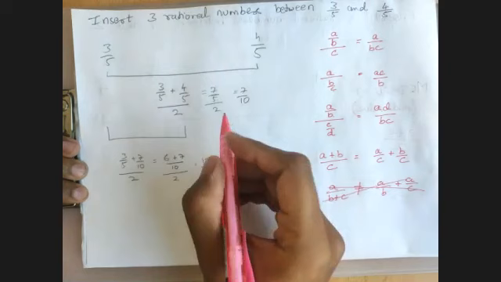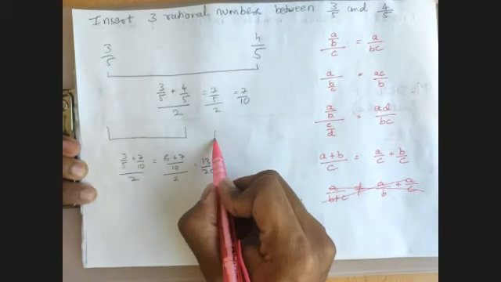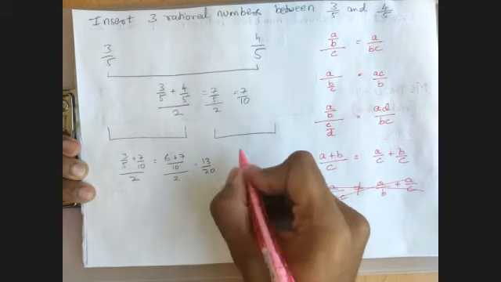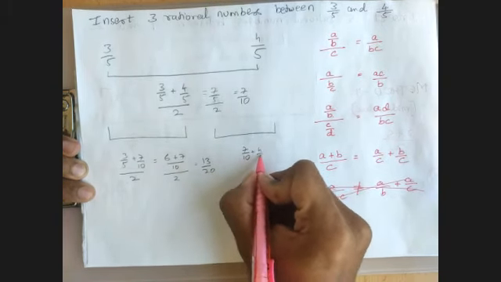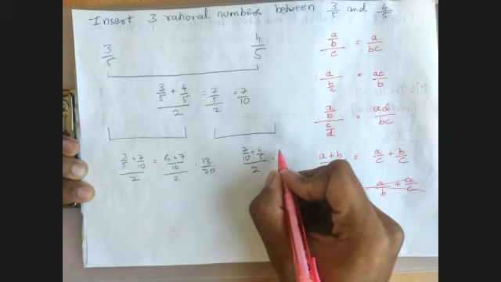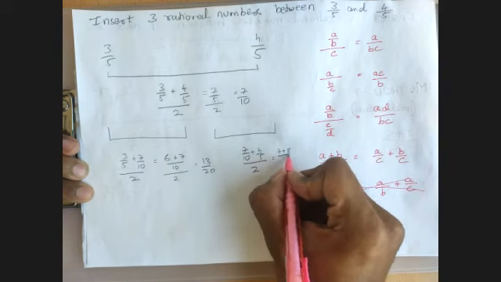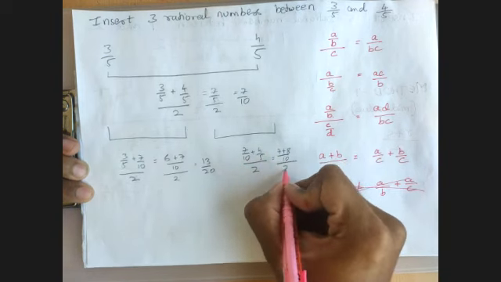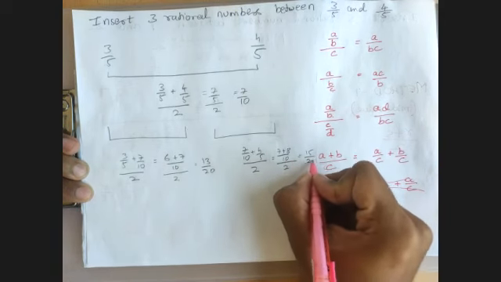Okay. Now I'll take the midpoint between 7 by 10 and 4 by 5. So that would be equal to 7 by 10 plus 4 by 5, by 2. If I take an LCM, that would be 7 plus 8 by 10, divided by 2. This would be equal to 15 by 20.